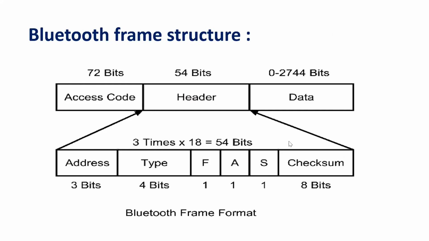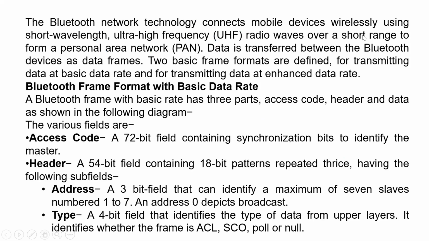So let us discuss the functioning of this frame format. As you can see here, the access code is of length 72-bit field, and what it consists is the synchronization information, and this synchronization information is used to identify the master.